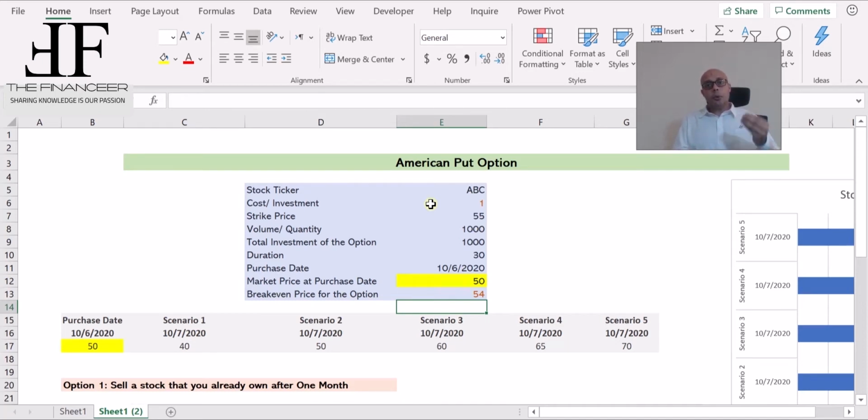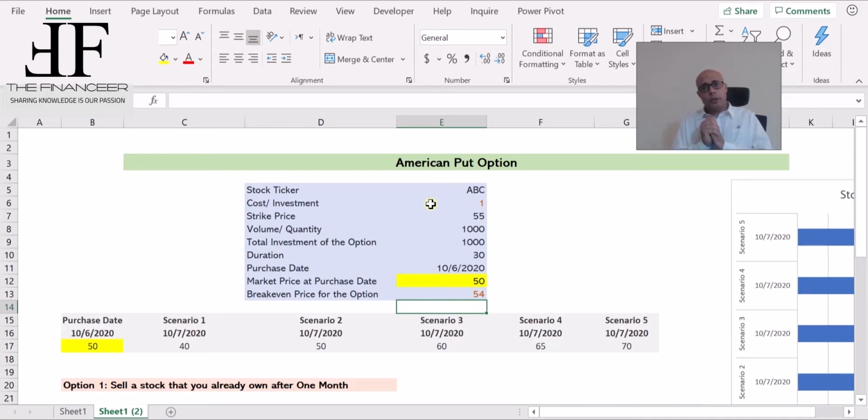So now you can achieve a gain. The gain is the difference between the $30 in the market and the net proceeds that you received from exercising the option. The net proceeds is the break-even price, which is $54. So this is the gain and how it's calculated. And the same amount will be considered as a loss to the other party.